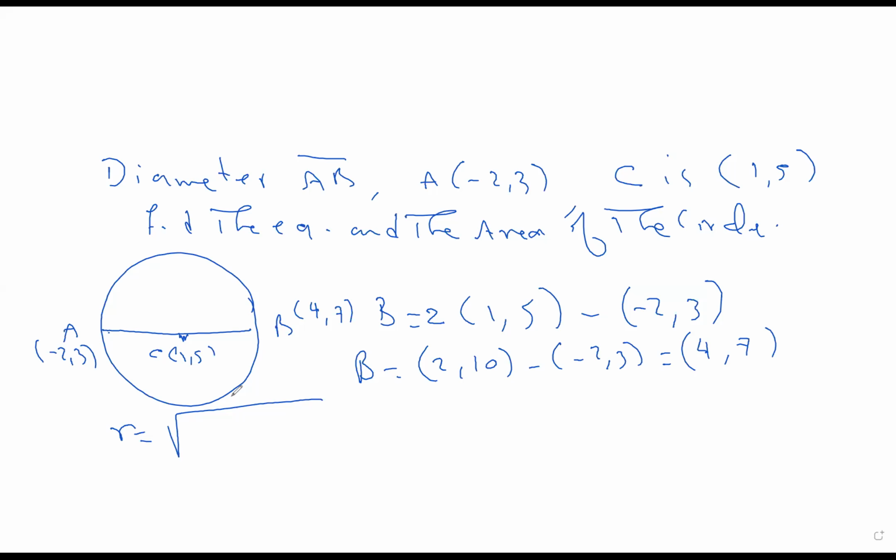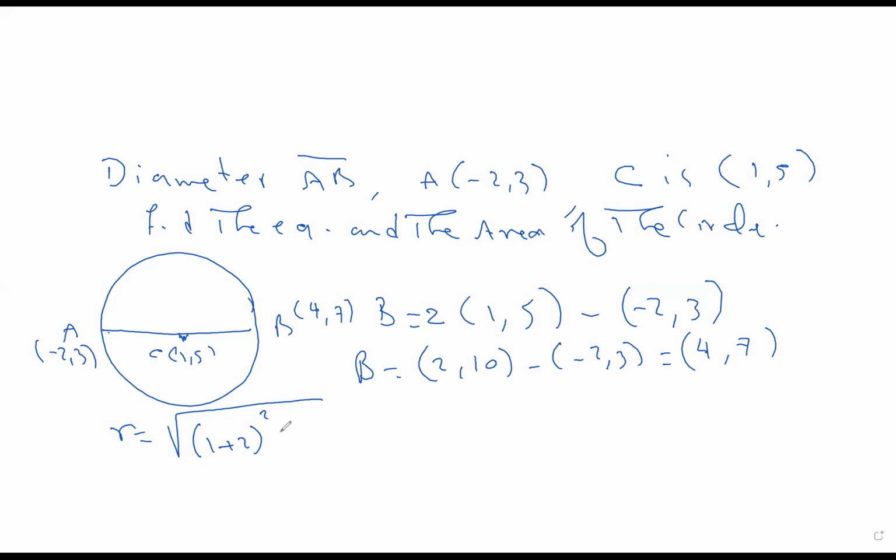The rule is x2 minus x1 power 2 plus y2 minus y1 power 2. Substitute directly. So 5 minus 3. Okay, you started at x, so start at x as you said. 1 plus 2.